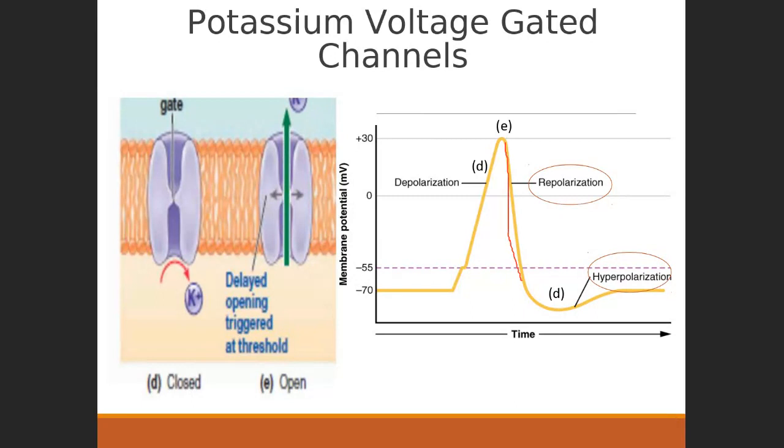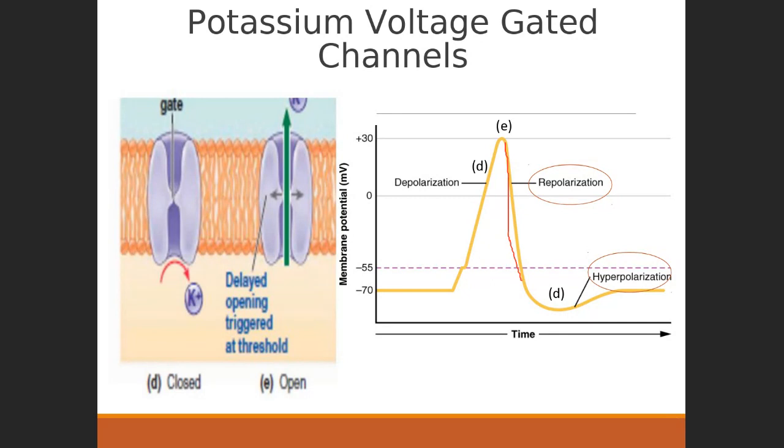But now, unlike the sodium ones, that as soon as they hit their endpoint, they slam shut quickly and lock the door, these potassium channels swing shut real slowly. So like one of those heavy doors on that pneumatic hinge. They start closing and they take their sweet time.